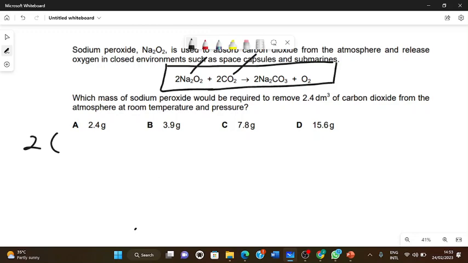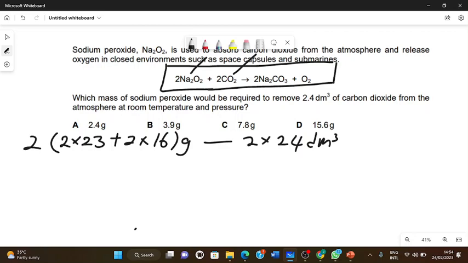From our periodic table, the relative atomic mass of sodium is 23, so it will be 2 times 23 plus the relative atomic mass of oxygen, which is 16, so 2 times 16, will be required to remove 2 moles of carbon dioxide gas. And 1 mole of carbon dioxide gas occupies a volume of 24 dm cube. So 2 moles of carbon dioxide is going to occupy a volume of 2 times 24 dm cube of carbon dioxide gas.